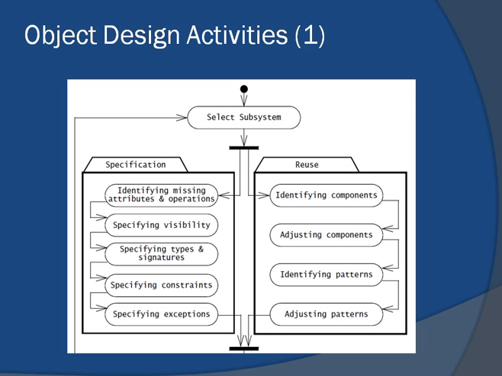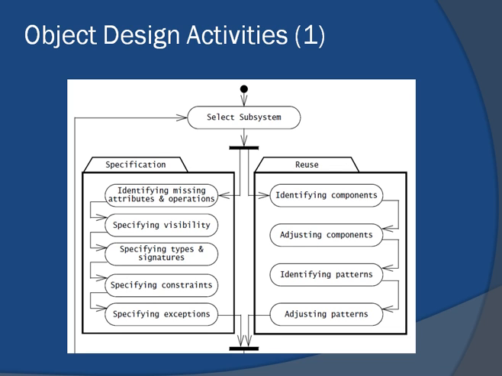Now these are the activities which are included in object design. First is select the subsystem. Here you have two things to be specified: the specification and reuse. Both of these stages are dependent on each other.